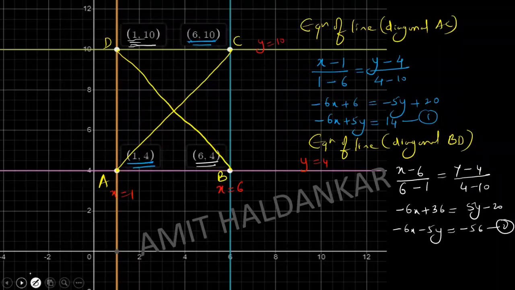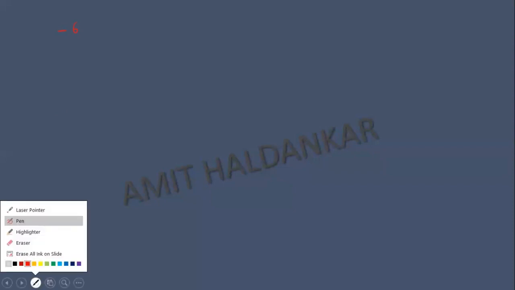The first equation is minus 6x plus 5y minus 14 equal to 0.